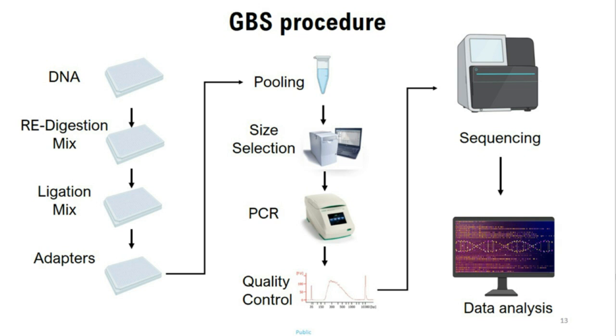When each sample has its own specific barcode, we can pool them all together. We run a size selection to select only sequenceable fragments. Then we run a PCR amplification to amplify the fragments, then quality control and sequencing.